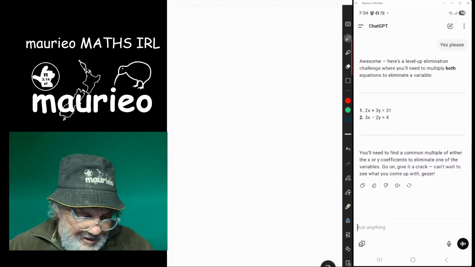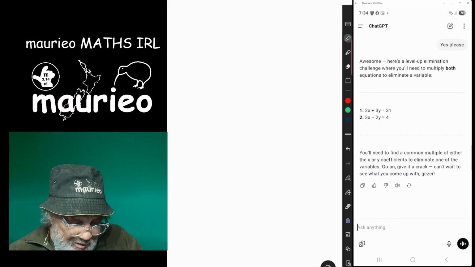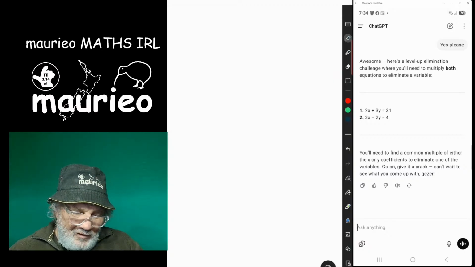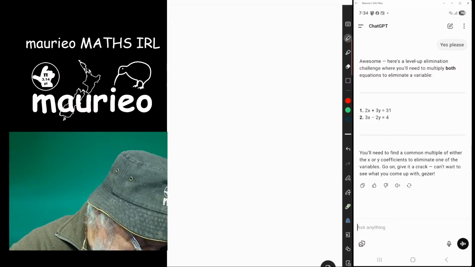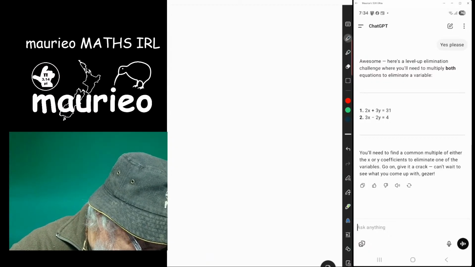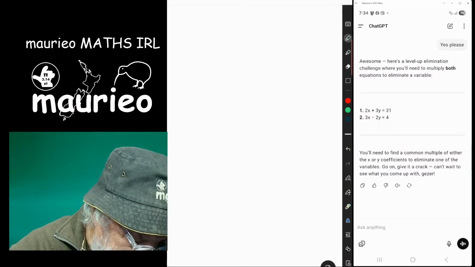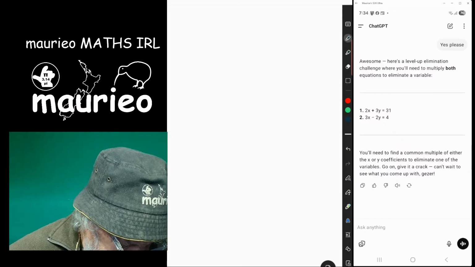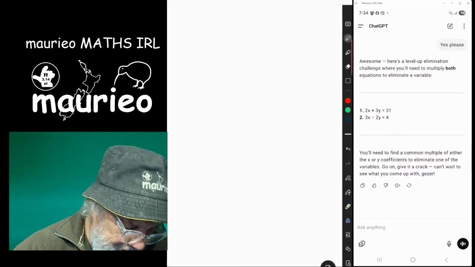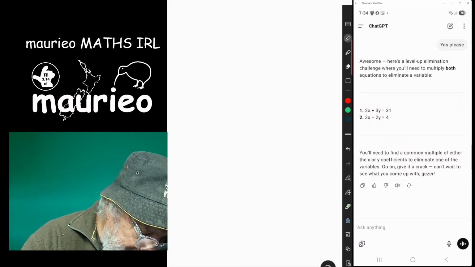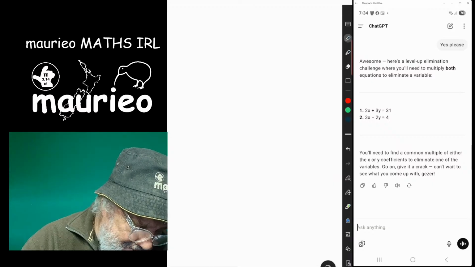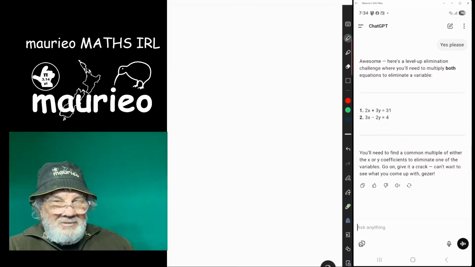This is the next one, which I want you to see if you can do. You get 2x plus 3y equals 31 and 3x minus 2y equals 4. You'll see that's a little bit different because these are not the same. If you add them, you won't eliminate anything.